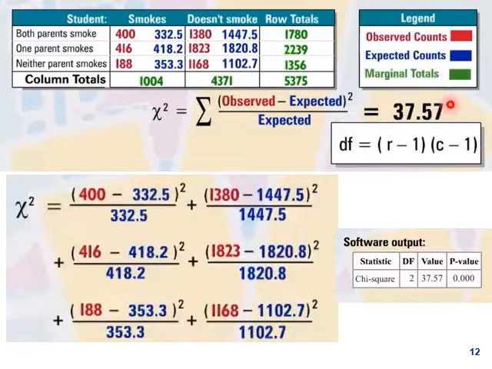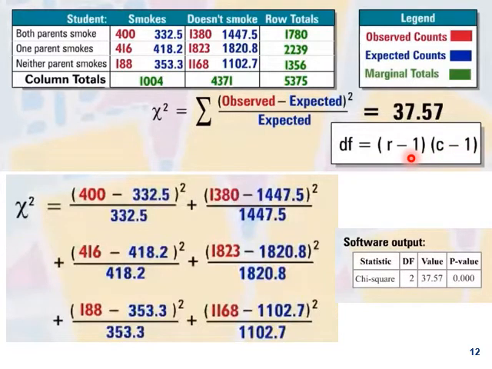Now for the degrees of freedom: in the mean test we used n minus 1, but here we take rows minus 1 multiplied by columns minus 1. Rows are 1, 2, 3, so 3 minus 1 is 2. Columns are smokes and doesn't smoke, 2, so 2 minus 1 is 1.